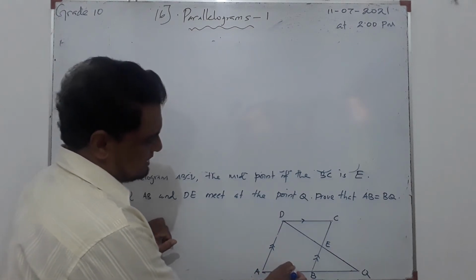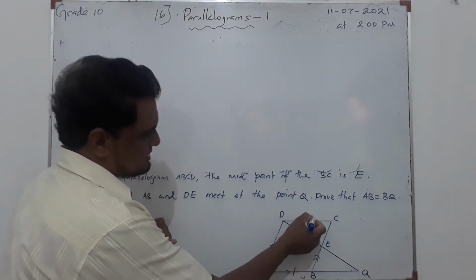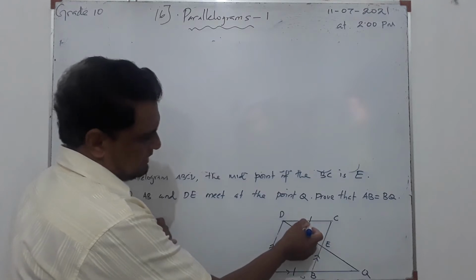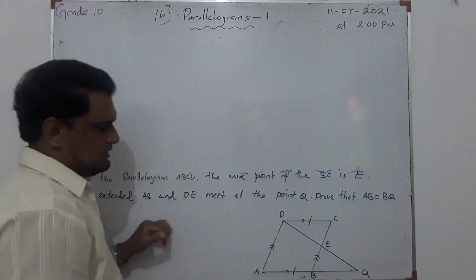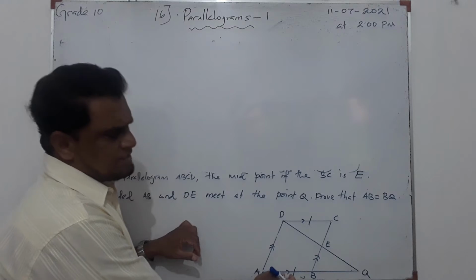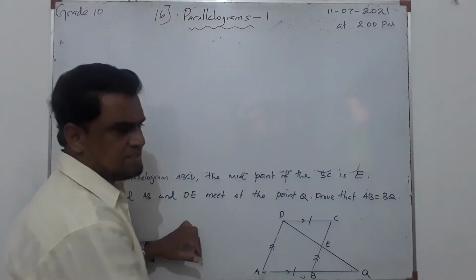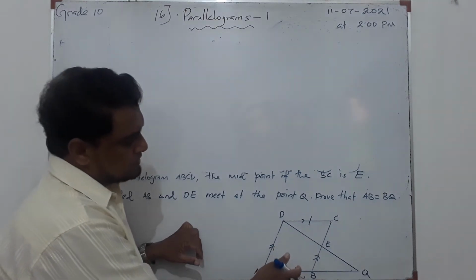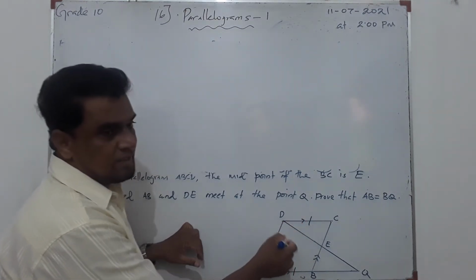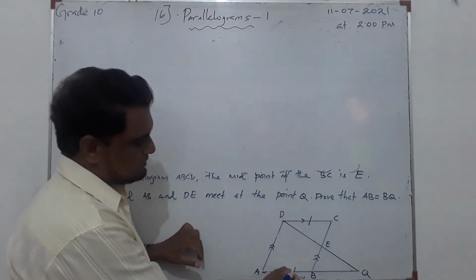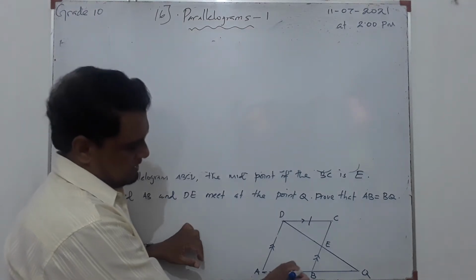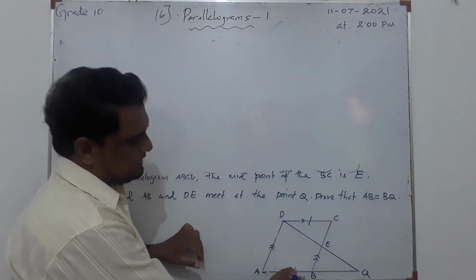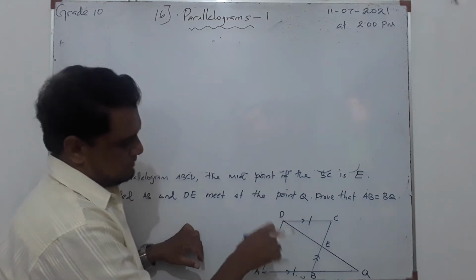You can put this mark here on CD, right. This means AB is equal to DC under the theorem, okay. So opposite sides are equal in a parallelogram, so we can put this mark for denoting the equal position.